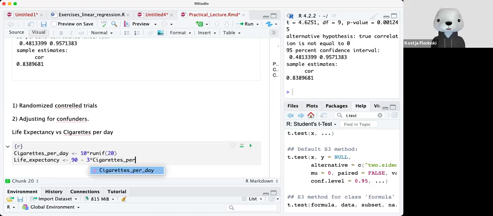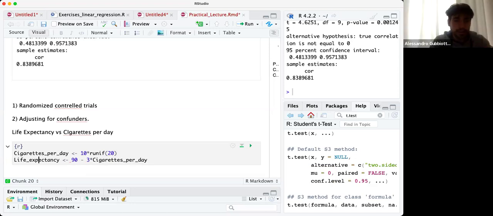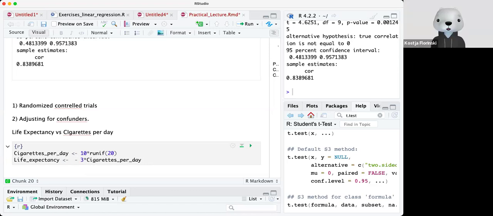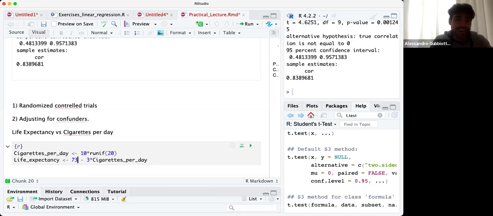Let's take cigarettes per day 20 and life expectancy 73. Yeah, closer to the life in Russia. I wanted to be optimistic, but I didn't put the units of measure, so it could be, I don't know, 10 cartons a day. Well, let's say in this way, plus some noise, a normal. I'm taking 20 observations, so let's take some variance, and let's plot this data.